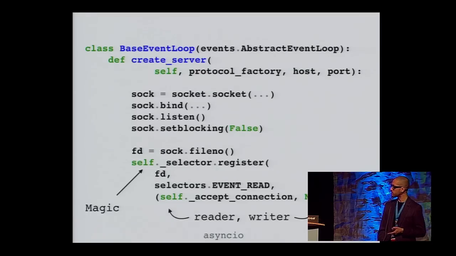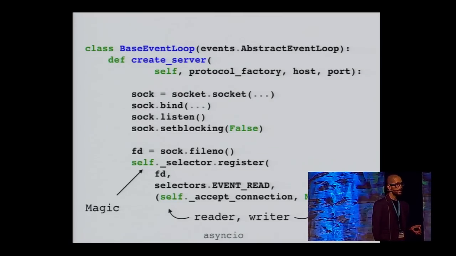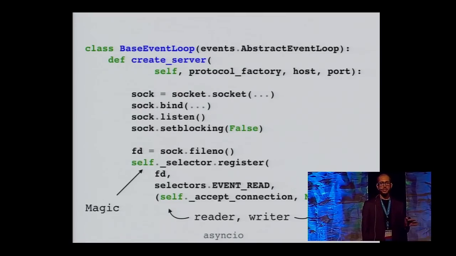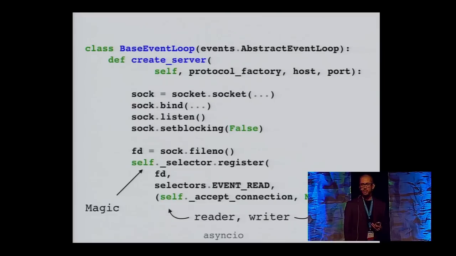So in this case, we're passing in a tuple, and the tuple is the reader callback and the writer callback. And the writer callback is none because a listening socket is never writable. But the reader callback is a new method on the IO loop called accept connection.